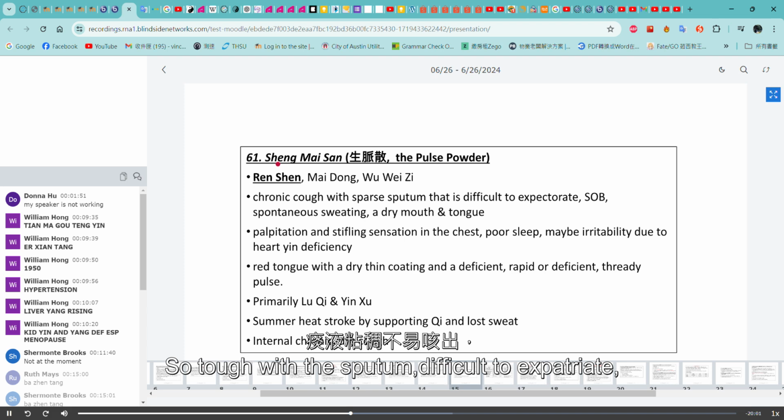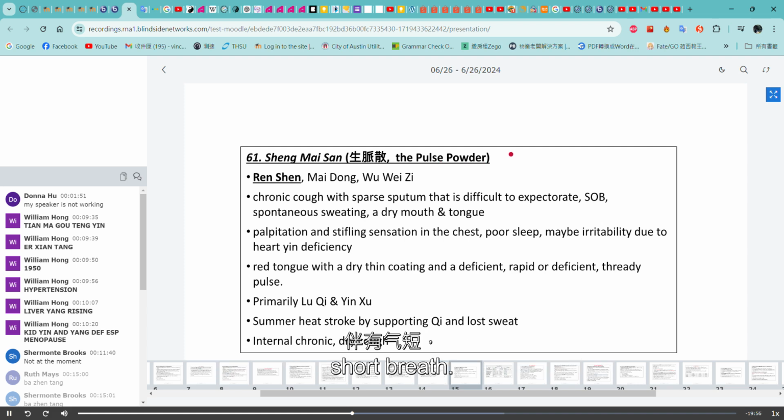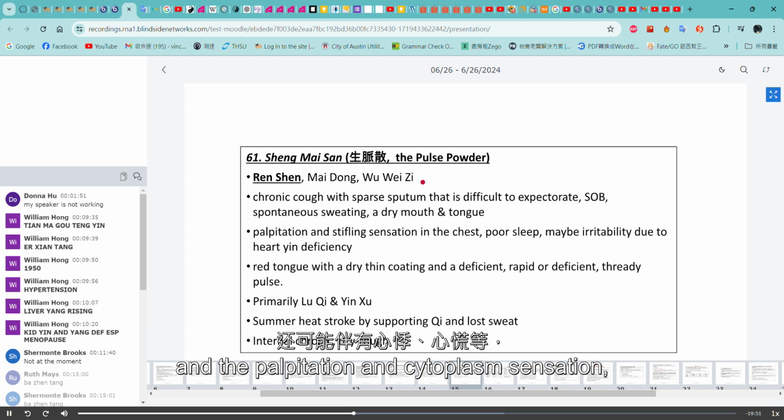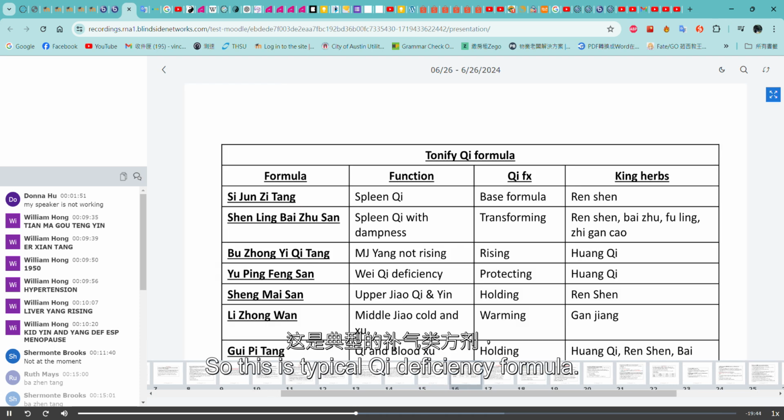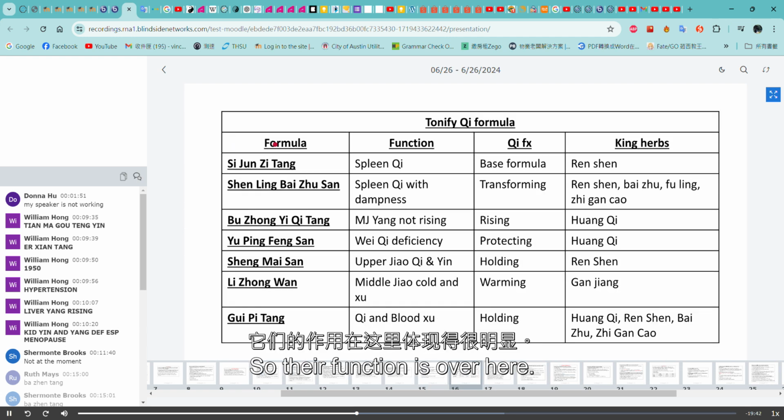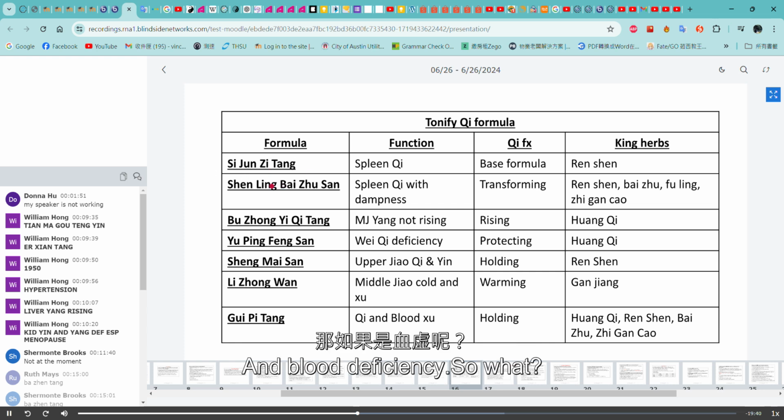So cough with sputum difficult to expectorate, short of breath, this is more lung Qi and yin. And the palpitation and poor sleep, this is heart. So this is Sheng Mai San. These are the typical Qi deficiency formulas: Si Jun Zi Tang, Shen Ling Bai Zhu San, Bu Zhong Yi Qi Tang, Yu Ping Feng San, Sheng Mai San. Li Zhong Wan is more warming, and Gui Pi Tang is more Qi and blood together. So their functions are all here.